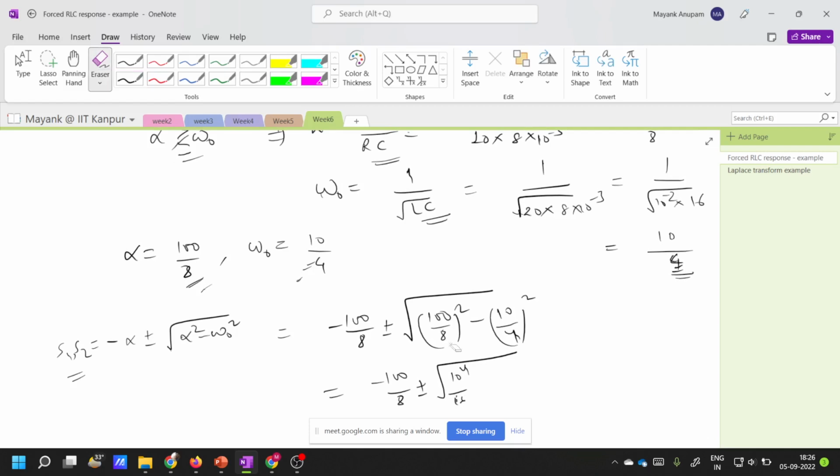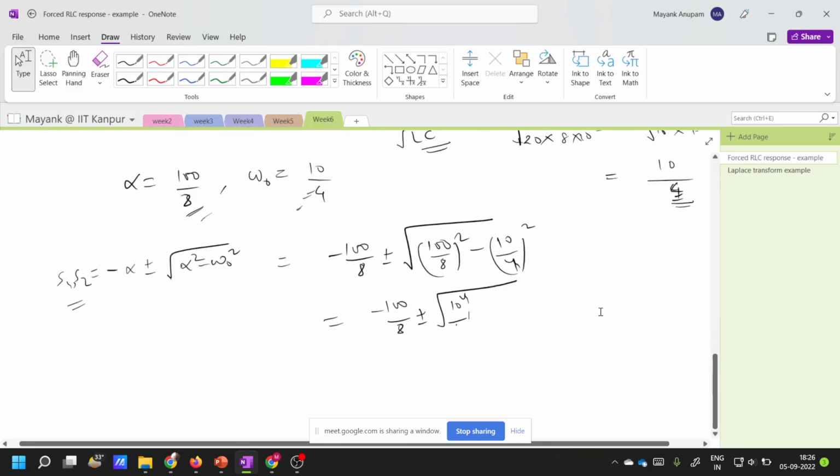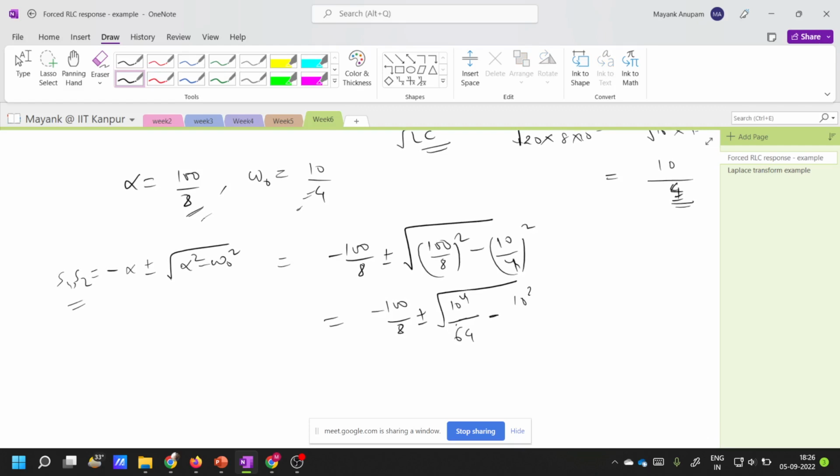Let me erase this. Okay, let's put it here: 64 minus 10 to the power 2 divided by 16. Fine. Can you quickly calculate the values for me?